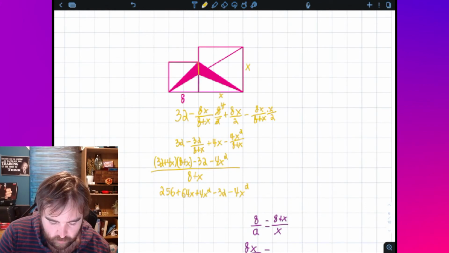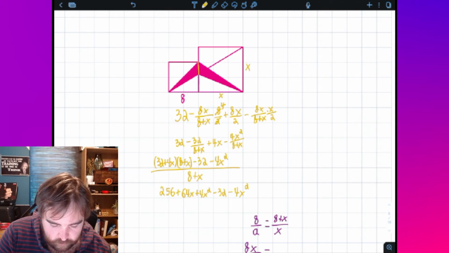So it's the height times the base divided by 2, which is why that's 32. And then this is the height times the base divided by 2. The big one is the height times the base divided by 2. All of that seems legit.